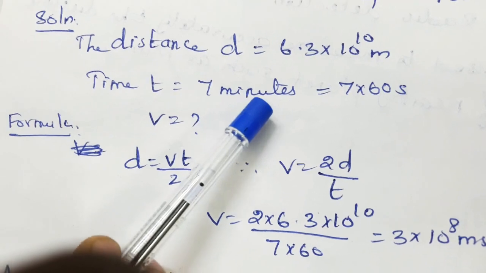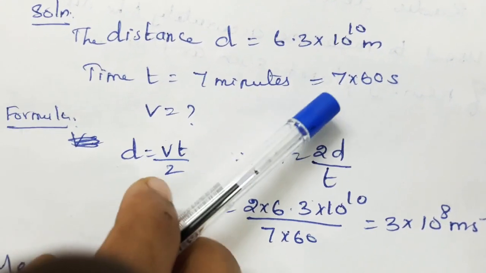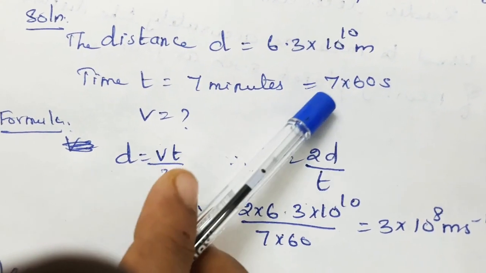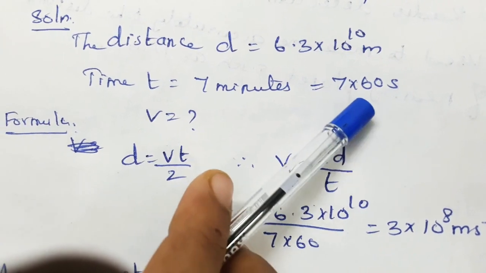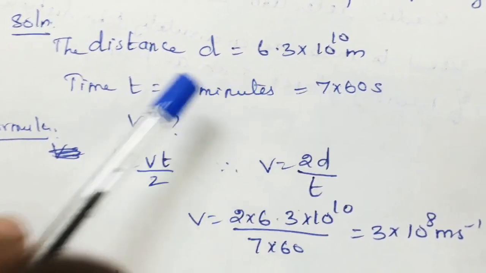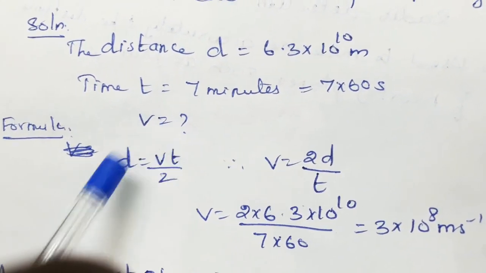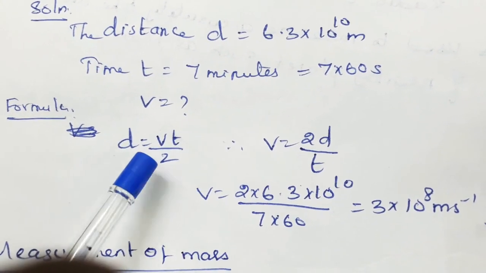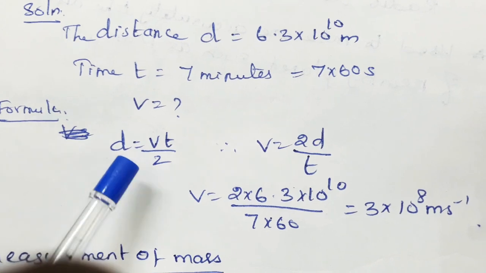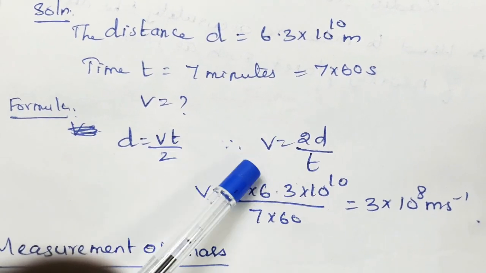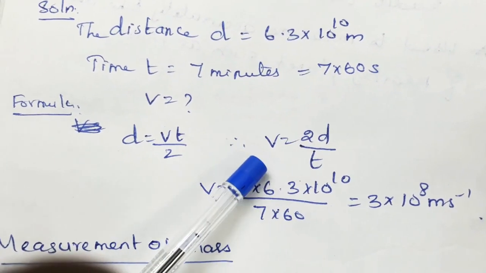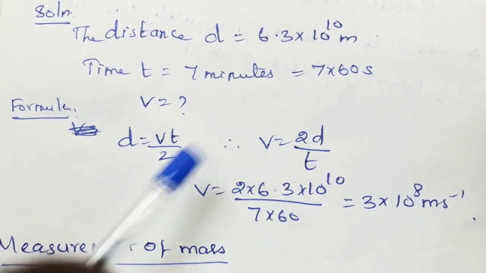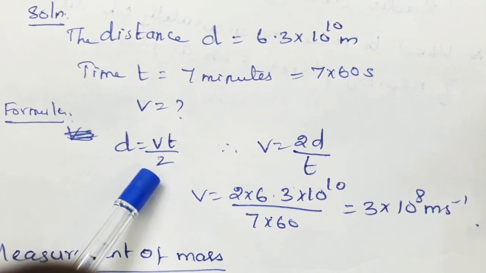So 7 minutes we should convert into SI unit as seconds. 1 minute is 60 seconds, so 7 minutes is 7 into 60 seconds. Then speed we have to calculate. So we know the formula d is equal to Vt by 2. From this we can write velocity as V is equal to 2d divided by t.